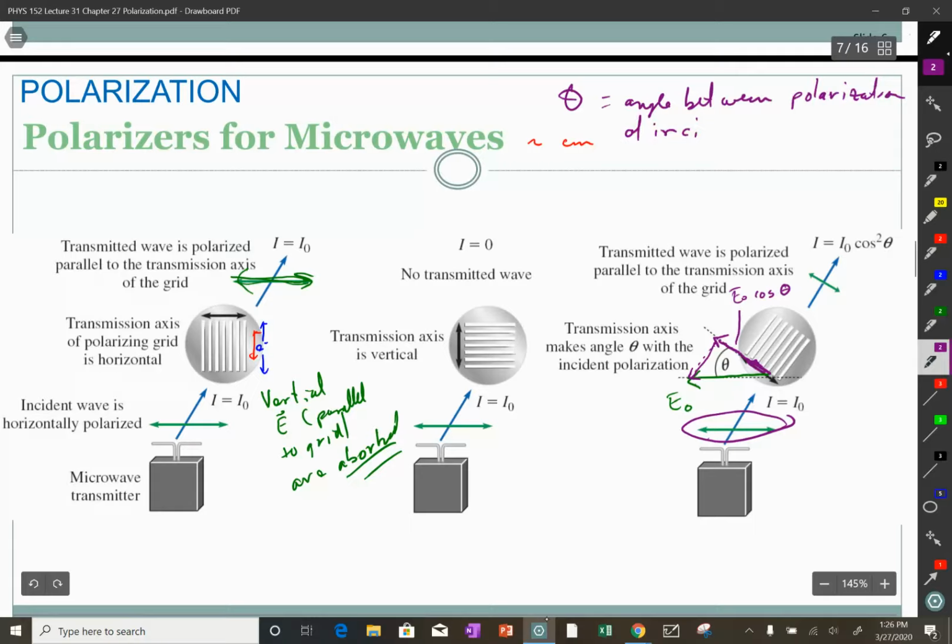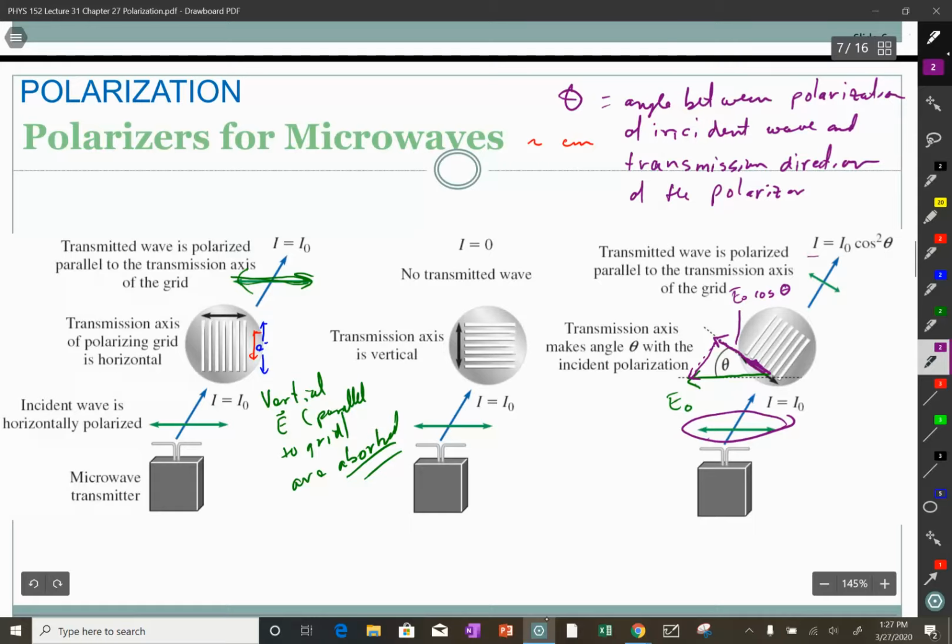So writing it out, incident wave and transmission direction of the polarizer. Well, you notice my electric field that gets through is E0 cosine theta in amplitude.